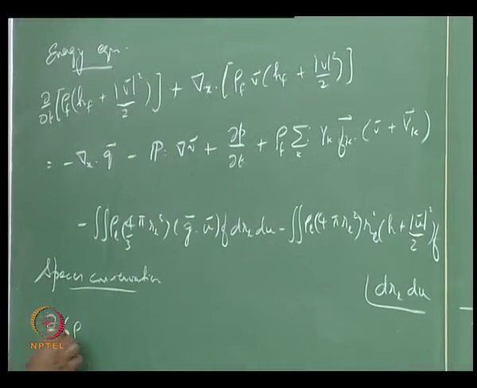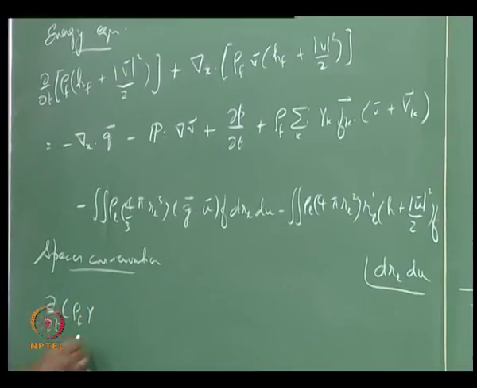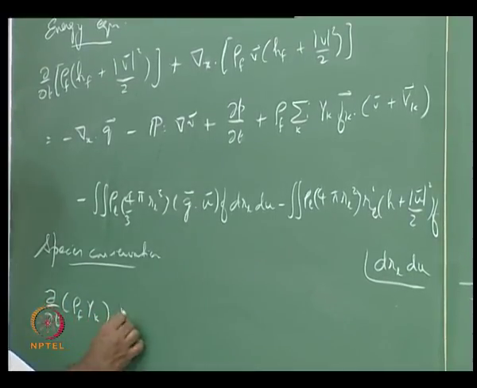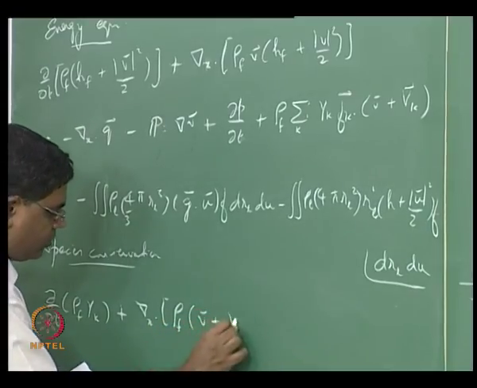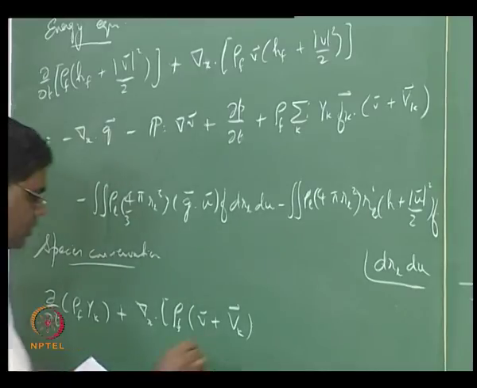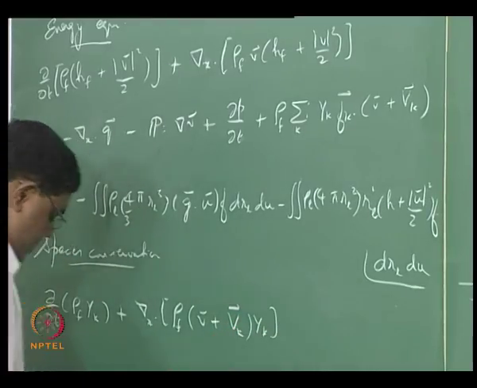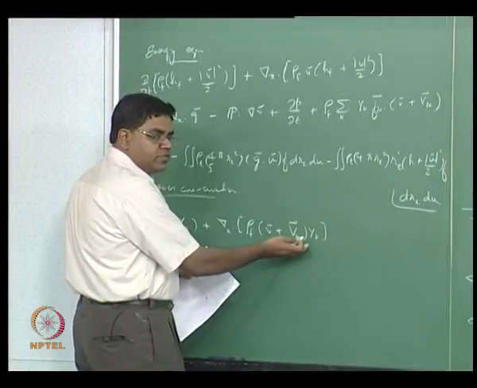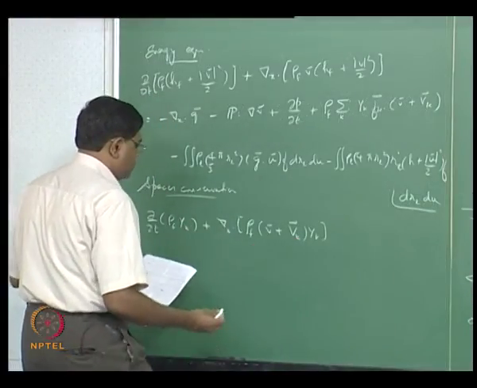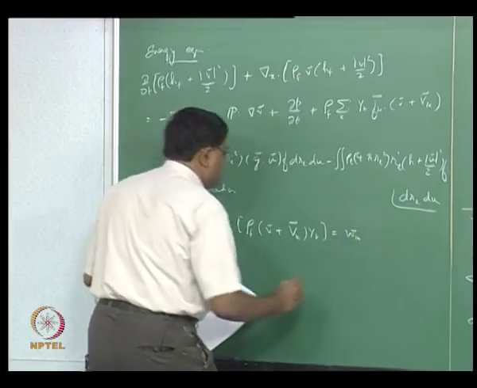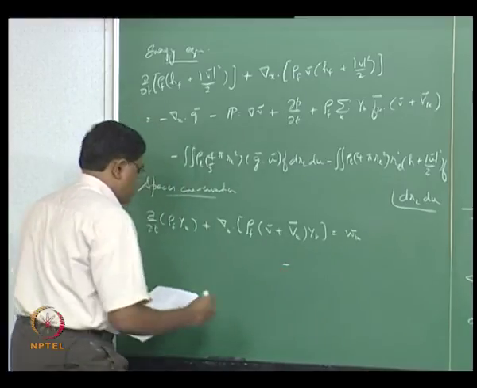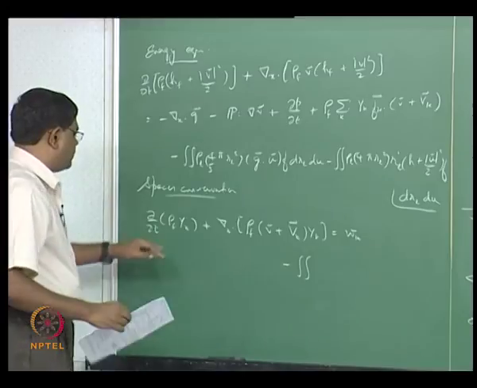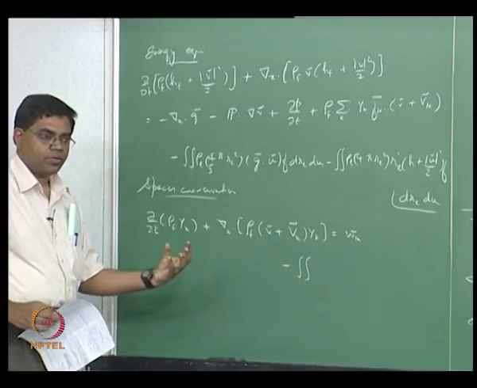With respect to time, partial derivative of rho f yk plus divergence with respect to x of rho f v plus capital Vk yk. So this takes care of the diffusion mass flux, right, equal to the chemical production minus, you also have production of the kth species of the gas from droplet evaporation, right.